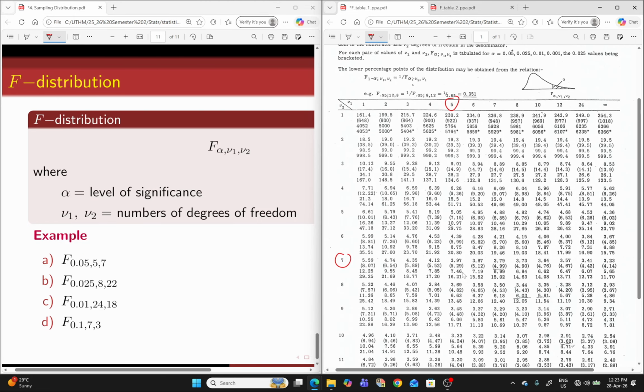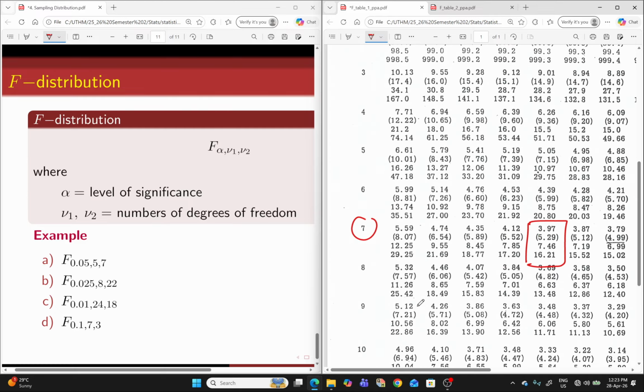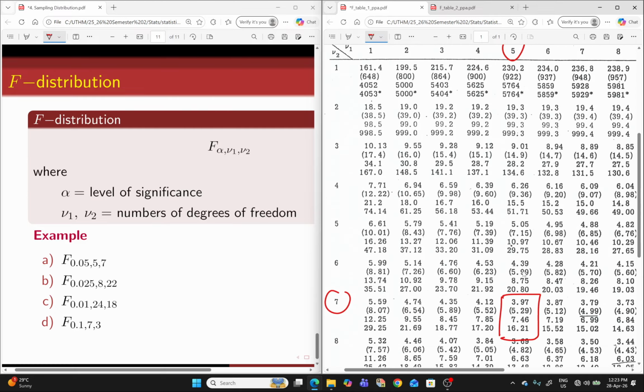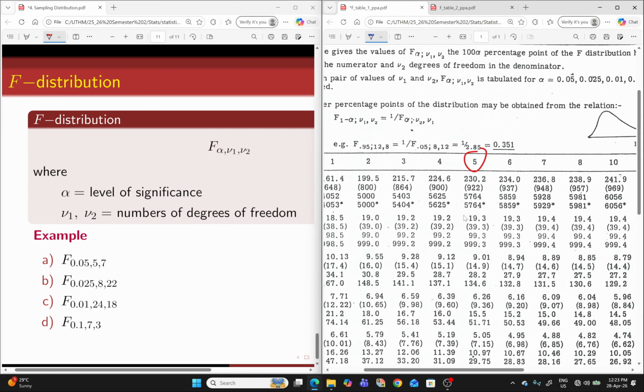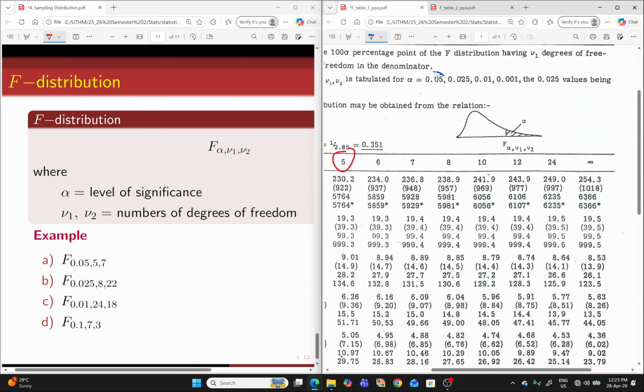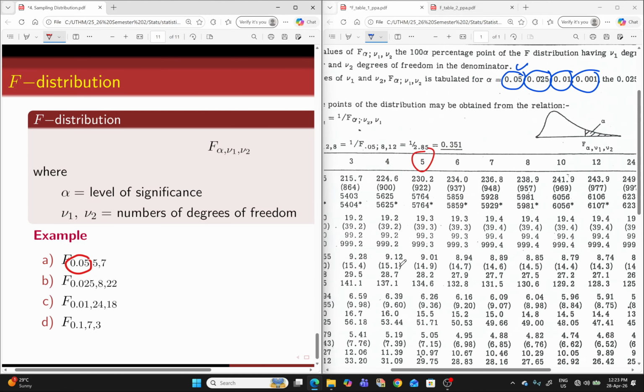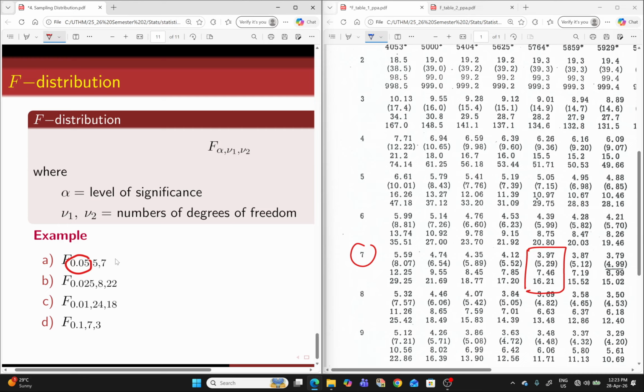Your answer will be any one of these 4 numbers. The first number here represents the significance level of 0.05, then 0.025, then 0.01, then 0.001. There are 4 numbers. The top one is for 0.05. Our level is 0.05, so we take the top one. What is the answer?